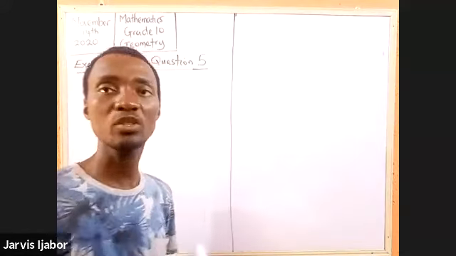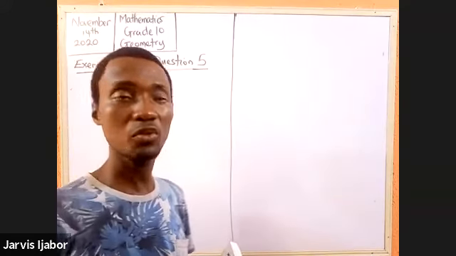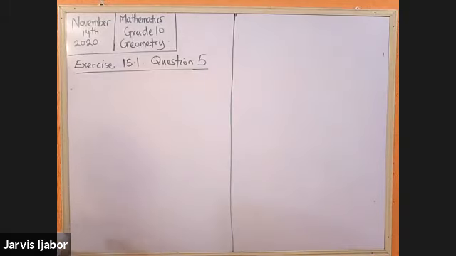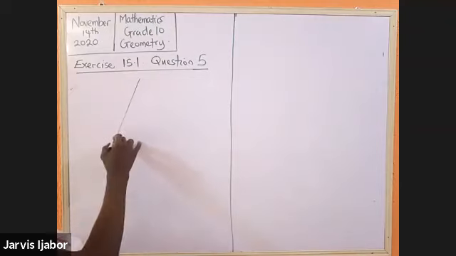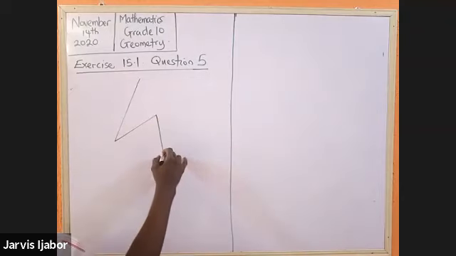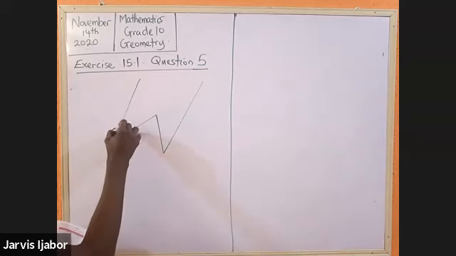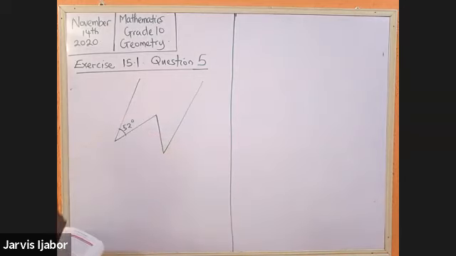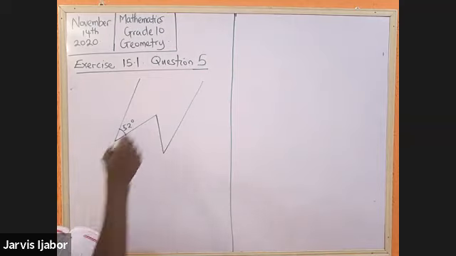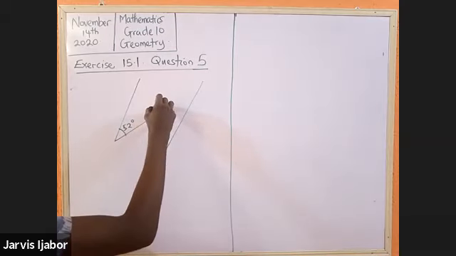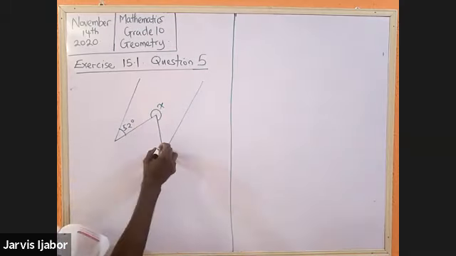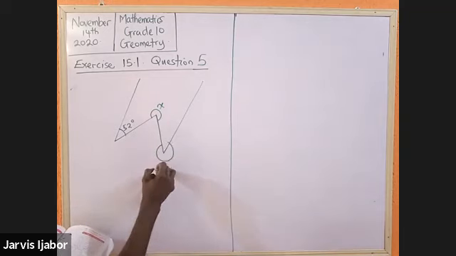Okay, we go to question 5 now. In question 5, this is the diagram we are given. Something that looks like a W. This angle is 52 degrees. The whole of this angle is X. The whole of this angle is 312.